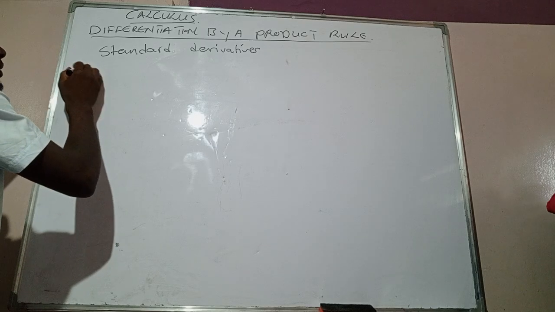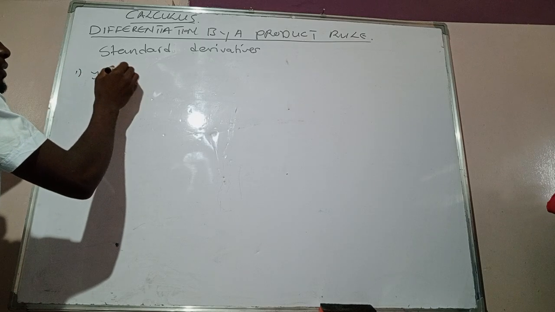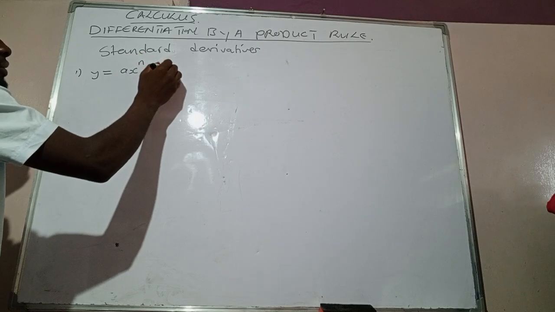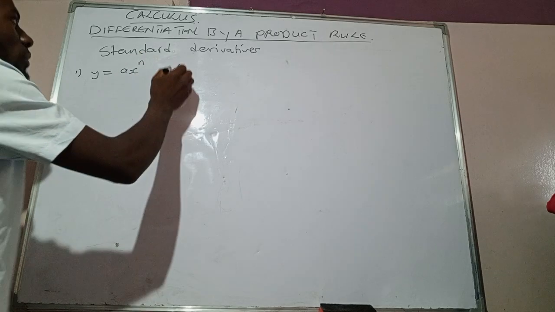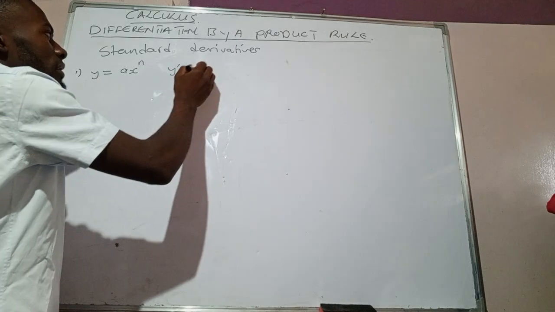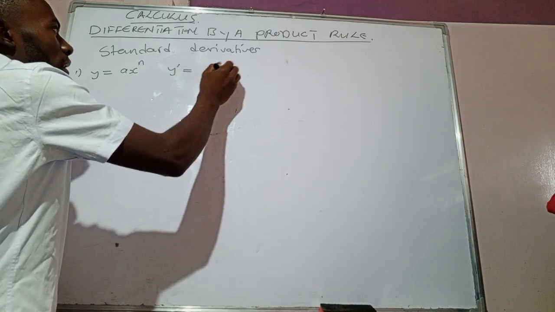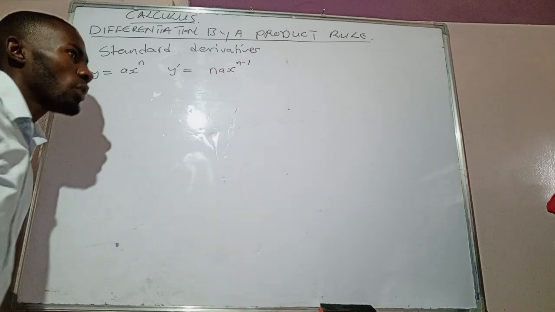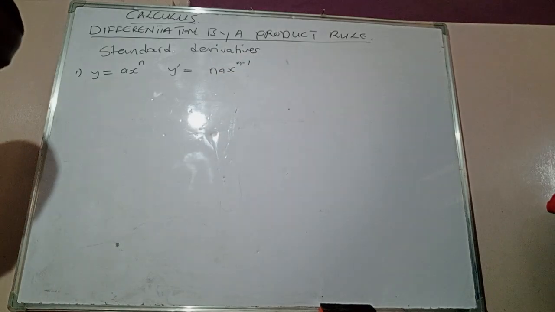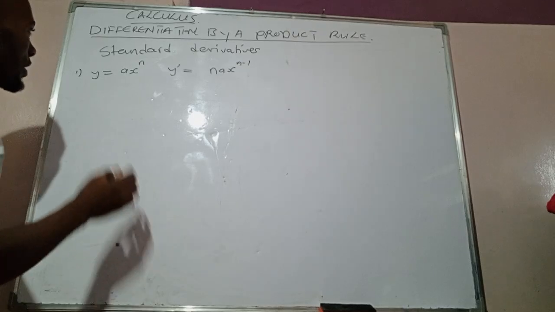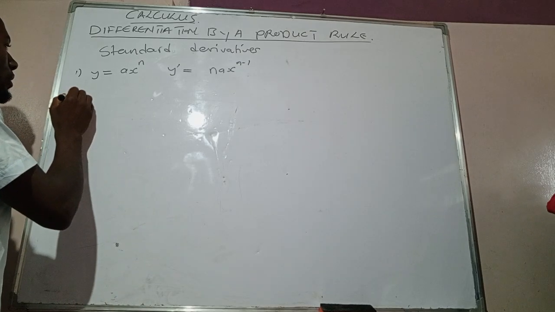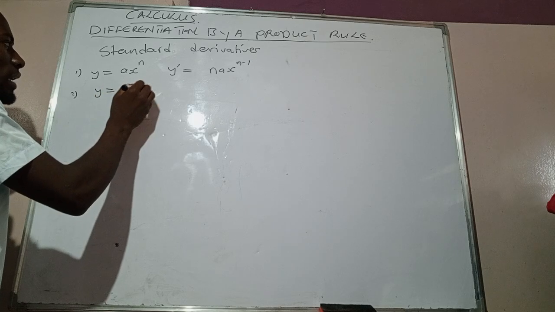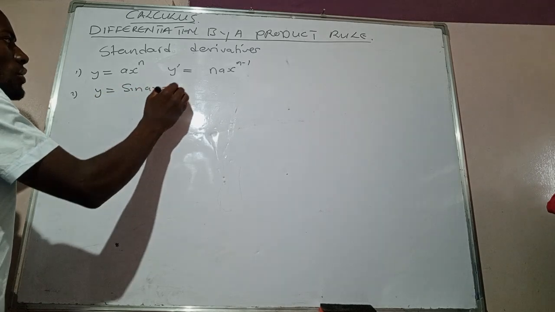The first one: when you have y is equal to ax to the power n, when you differentiate this, its derivative is nax to the power n minus 1. Okay, that's the first one. The second one is y is equal to sine ax.